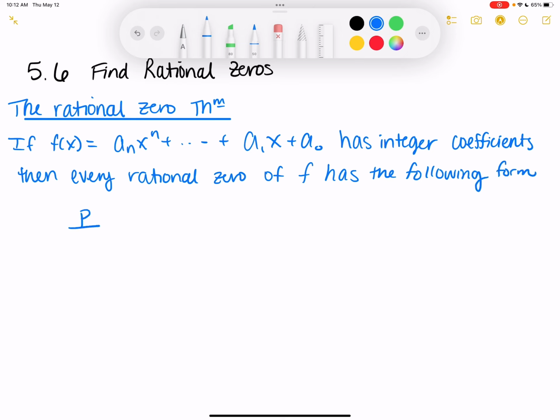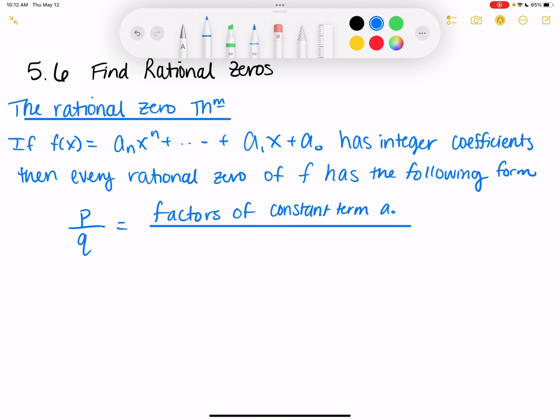P over Q, which is equal to the factors of the constant term, a sub 0, all over the factors of the leading coefficient, a sub n. So I'm just writing a bunch of words under it.